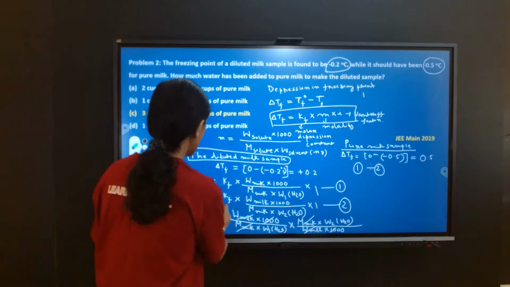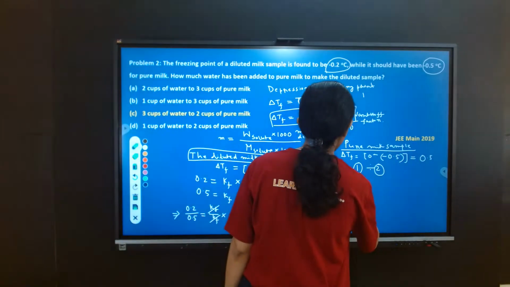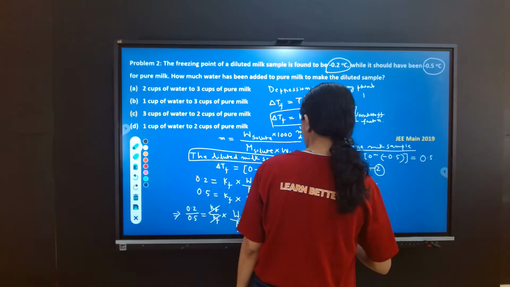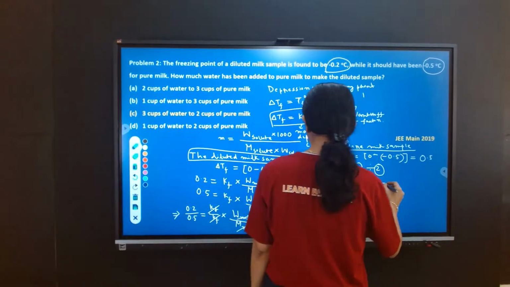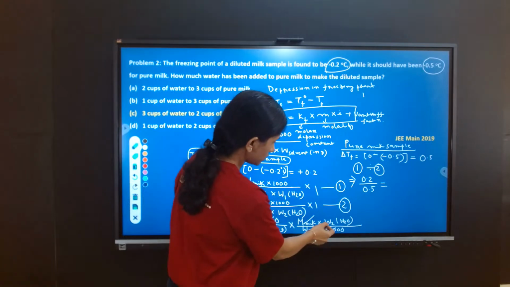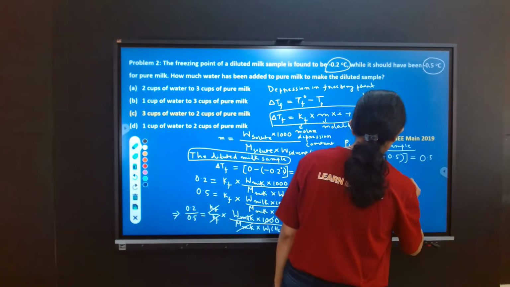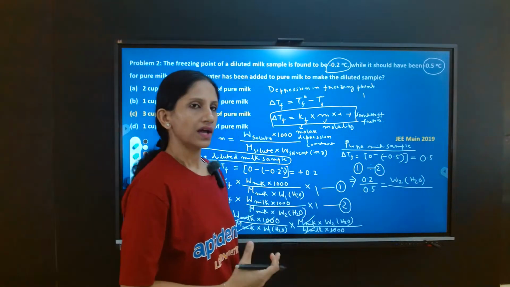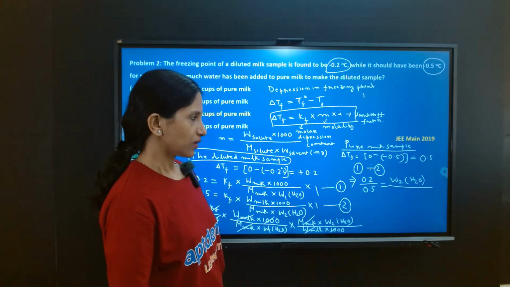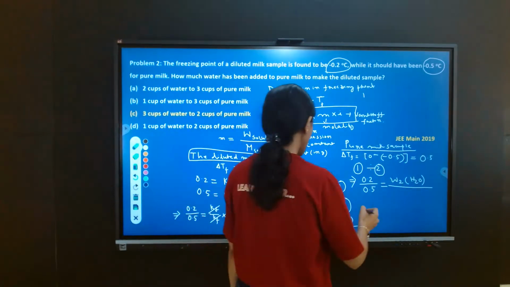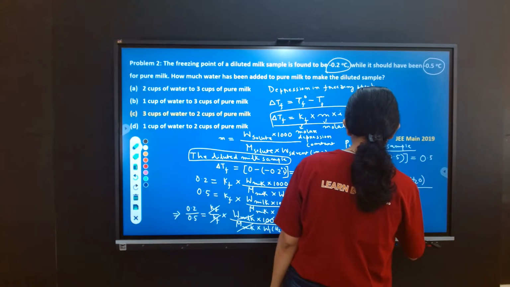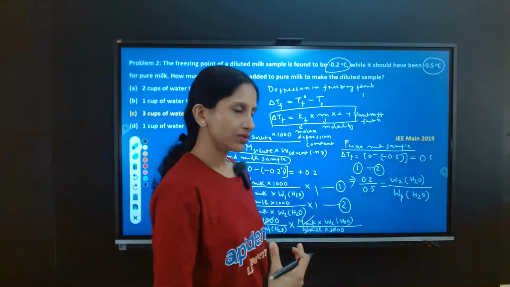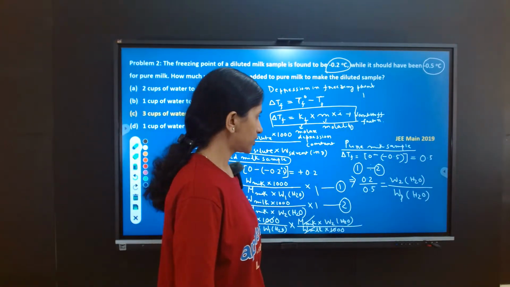So we end up with 0.2 by 0.5 is equal to, on top we have W2 H2O, which we have considered as the weight of the water or the solvent in our pure milk sample, and in the denominator we have W1 H2O, which we have considered for the diluted milk sample, the weight of the water in the diluted milk sample.